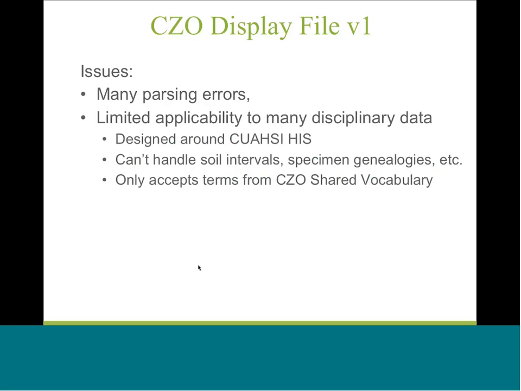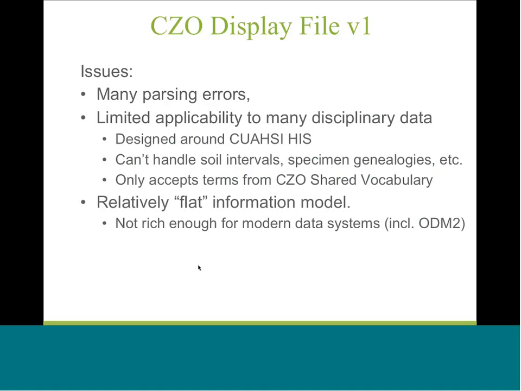We also realized that because it was designed around a quasi time series data set, that was the experience that was brought to the table, it didn't really work so well with other disciplinary data, didn't work with soil intervals, et cetera. And then lastly, the validator only accepted terms from the CZO shared vocabulary system.